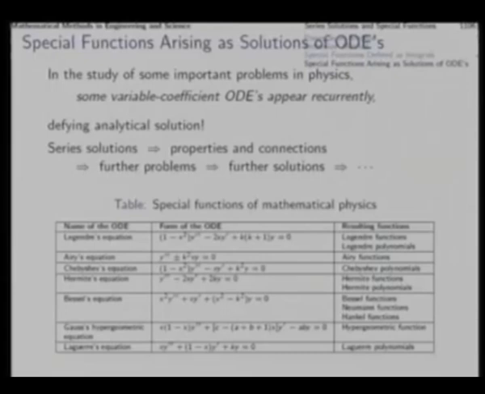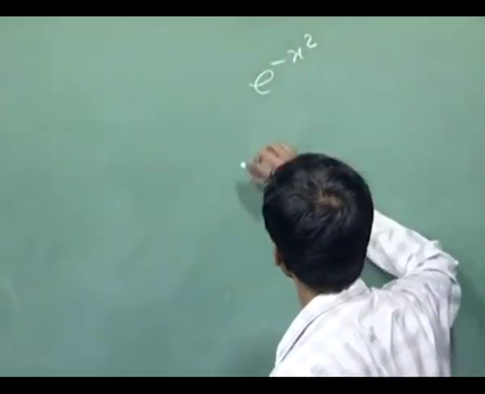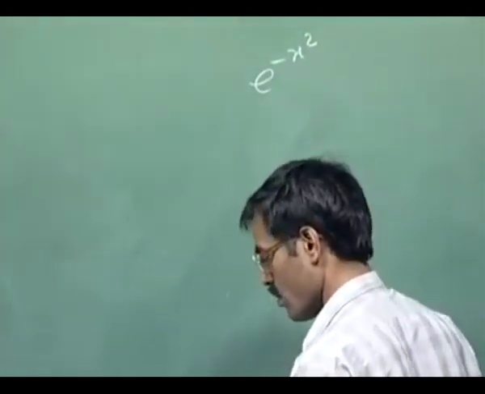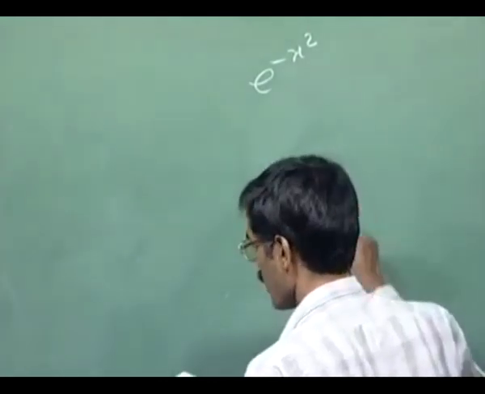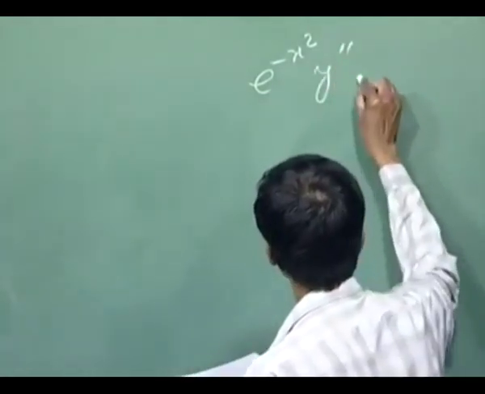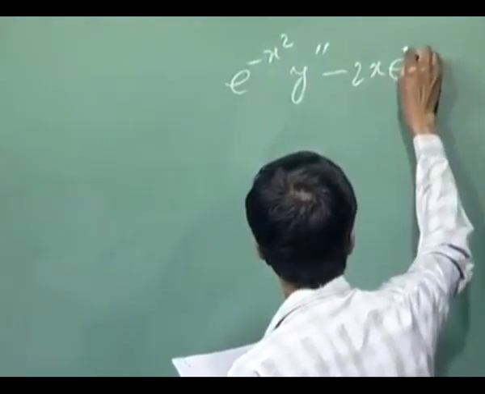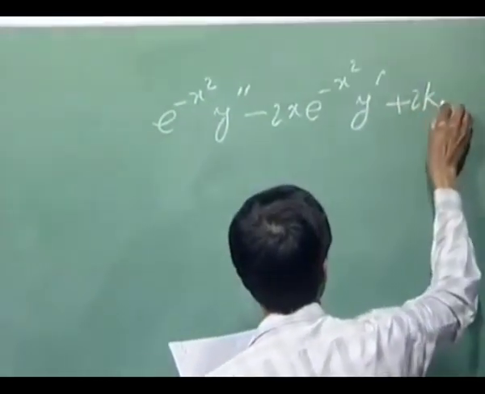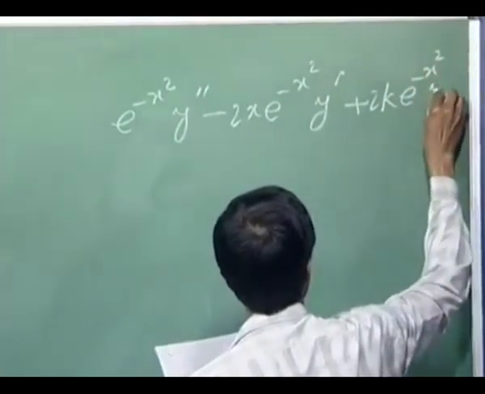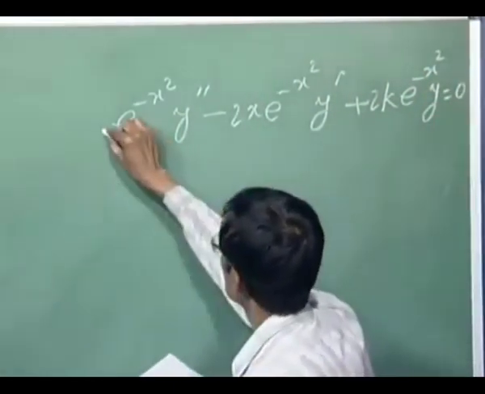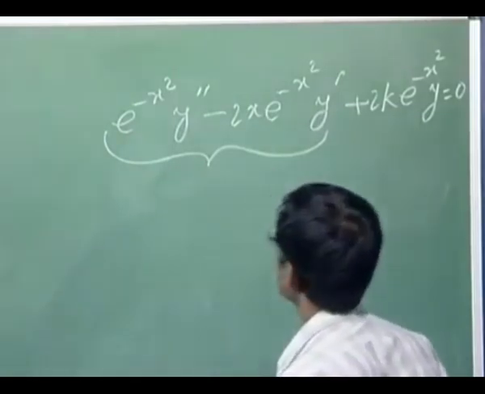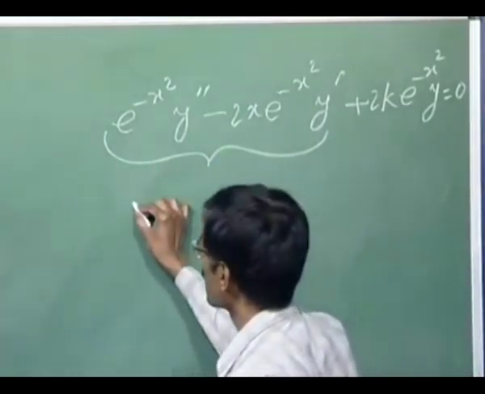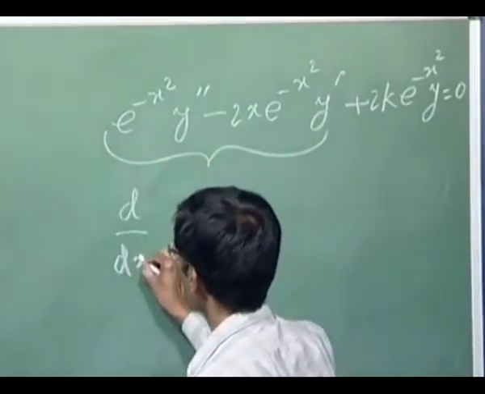If we multiply the Hermite equation with e to the power minus x square, do you notice that this is the exact differential coefficient of something?